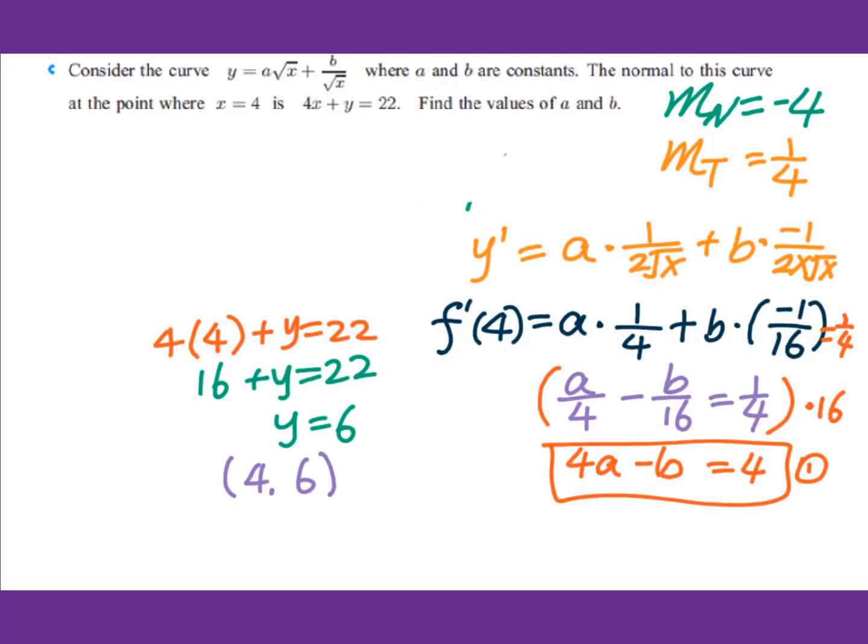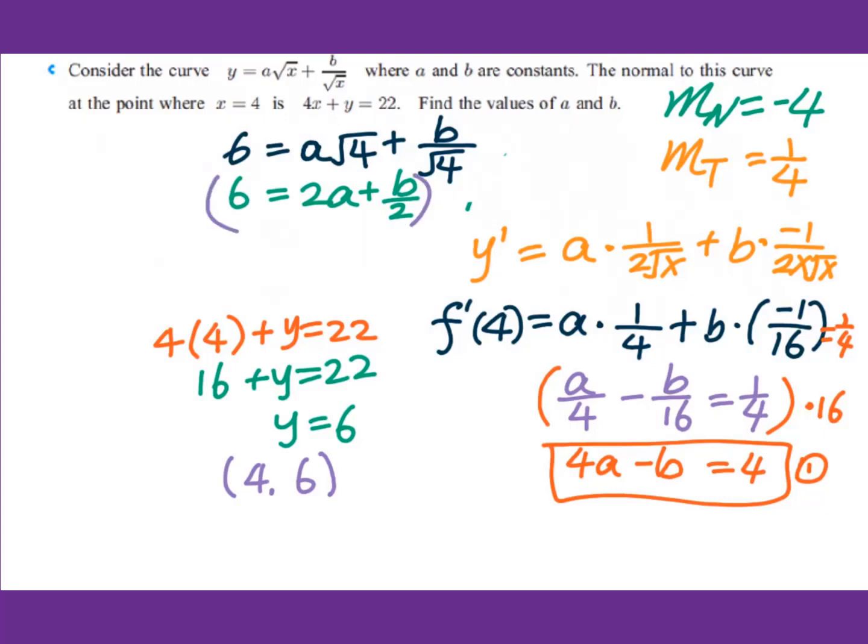Now I plug in, you will get 6 equals a square root of 4 plus b over square root of 4. Then 6 equals 2a plus b over 2. Everything multiplied by 2, you will get 12 equals 4a plus b. So I got the second equation.